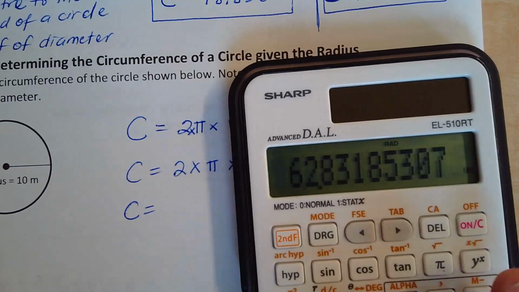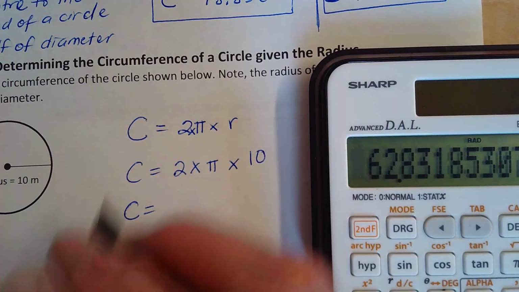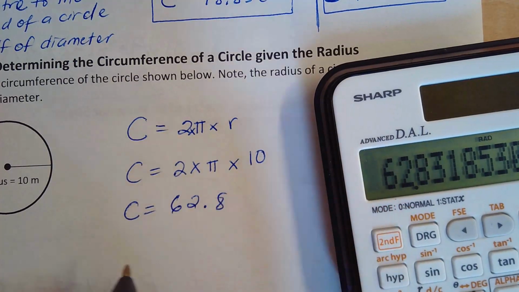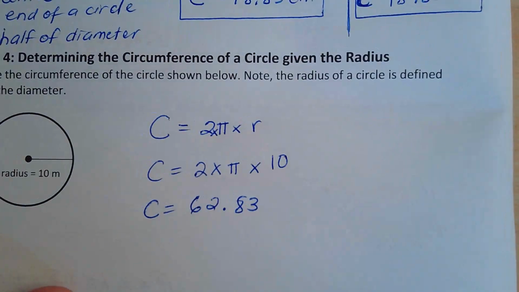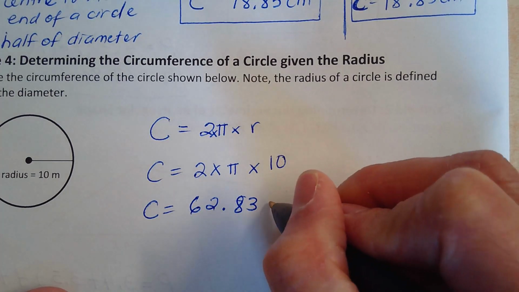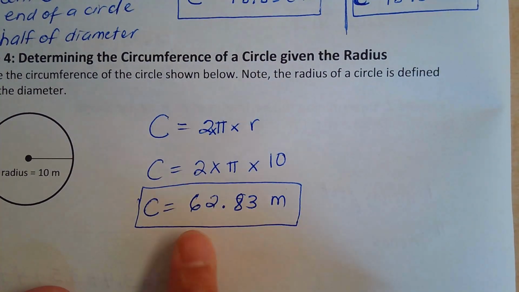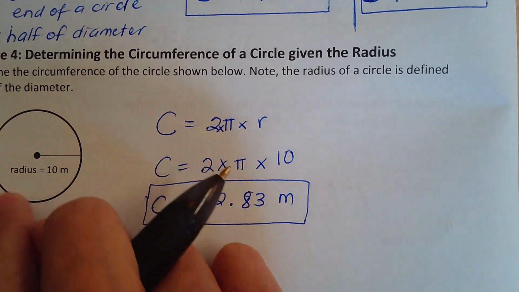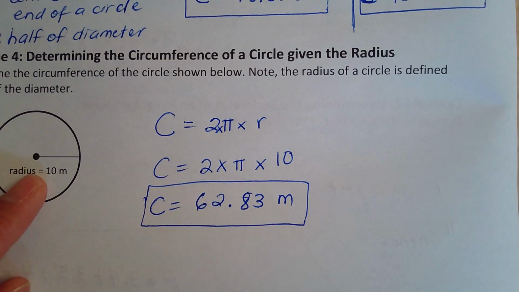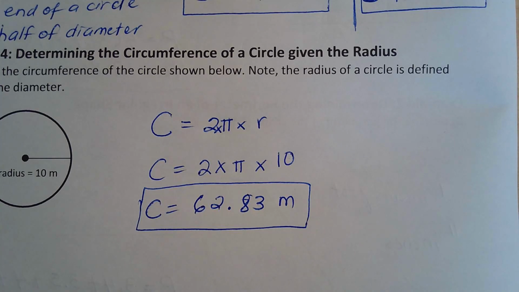It's going to give us 62.83 meters. Circumference is the distance around, and if the radius is 10, it's going to be 62.83. Is that okay?